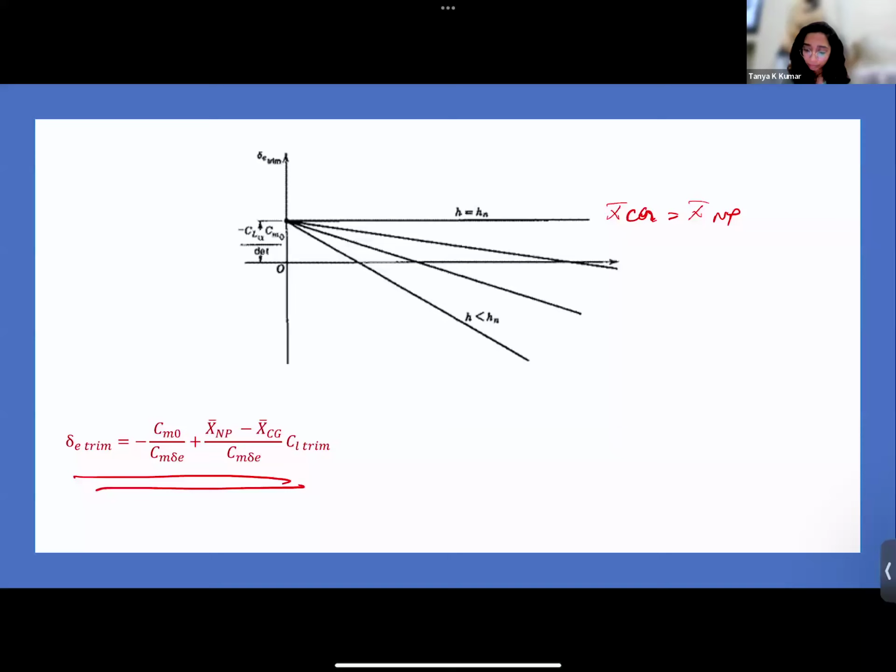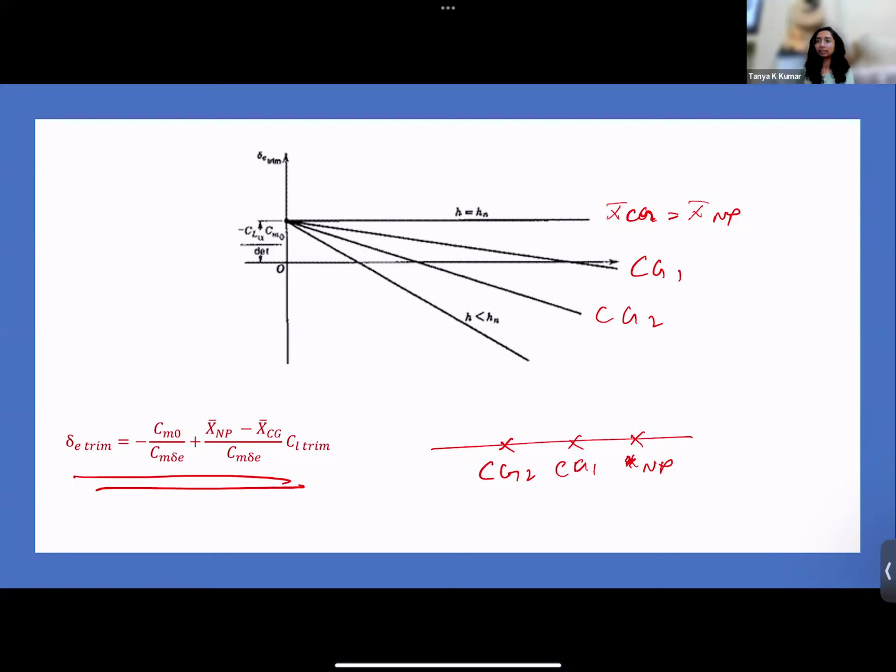This is neutral point. This is CG1. This is CG2. As and when the CG moves away from the neutral point, the slope becomes steeper. When the slope becomes steeper, the delta E required to trim the aircraft at the same CL becomes less.